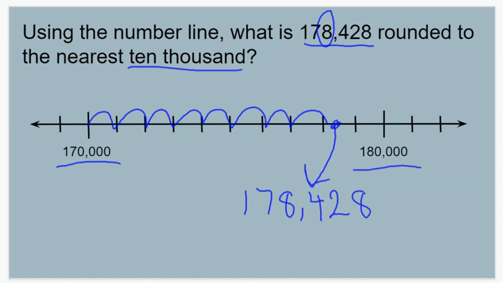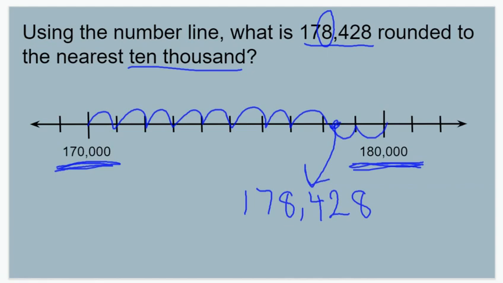Now remember, in order to round this number, I have to use my benchmarks. I want the benchmark that will be closest to this number. So like we just counted, 170,000 is about 8 hops away from my number. The next benchmark, 180,000, is about 2 hops away.